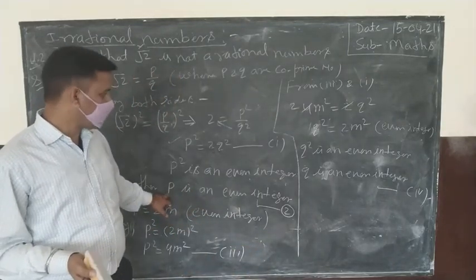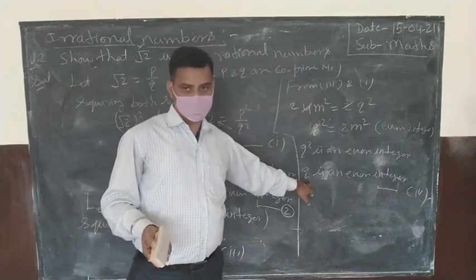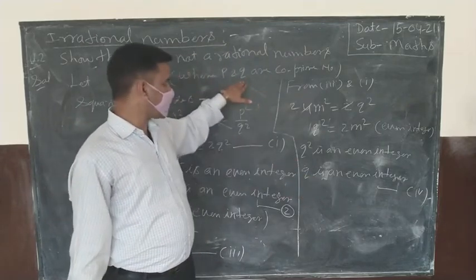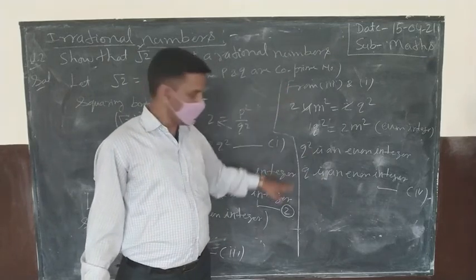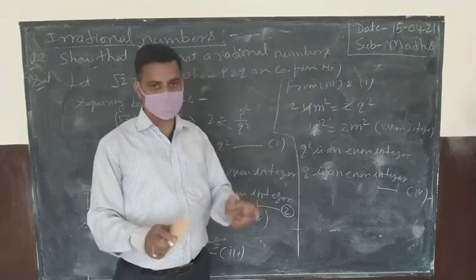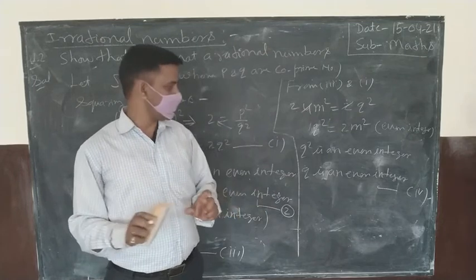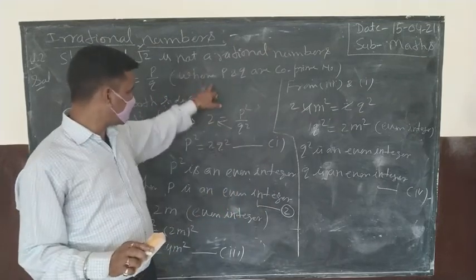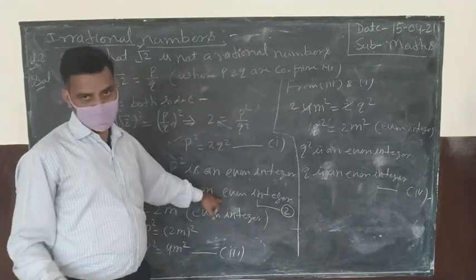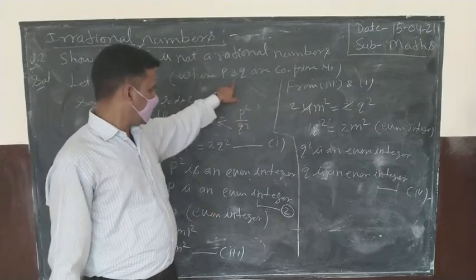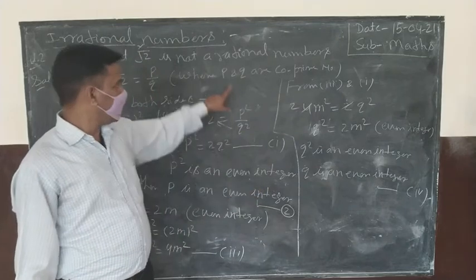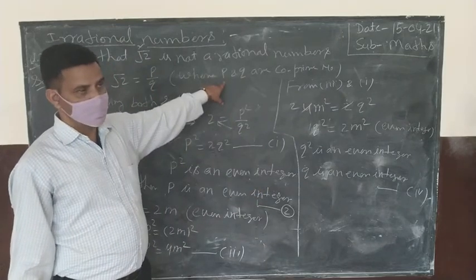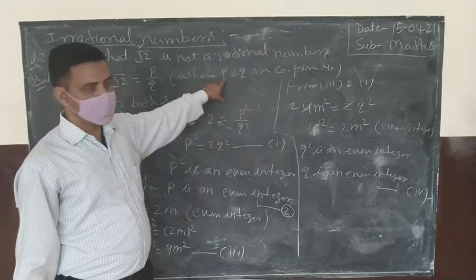But the condition here is opposite. The set up condition and the coming condition both contradict. Both are not the same. This is the opposite, contradictory condition. Then p and q have a common factor, but you are saying p and q do not have a common factor.